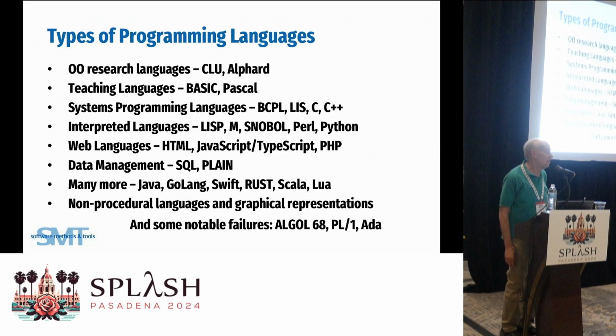IBM, when they introduced the 360, right, the idea was to do away with these two families of machines, one for business and one for mathematical programming. So the whole 360 family was intended to support all kinds of programming, from small computers to large. And as part of that effort, they designed a language called PL/1. Nobody here has written a program in PL/1. You have. I'm impressed. Okay. That's a separate talk. So great.